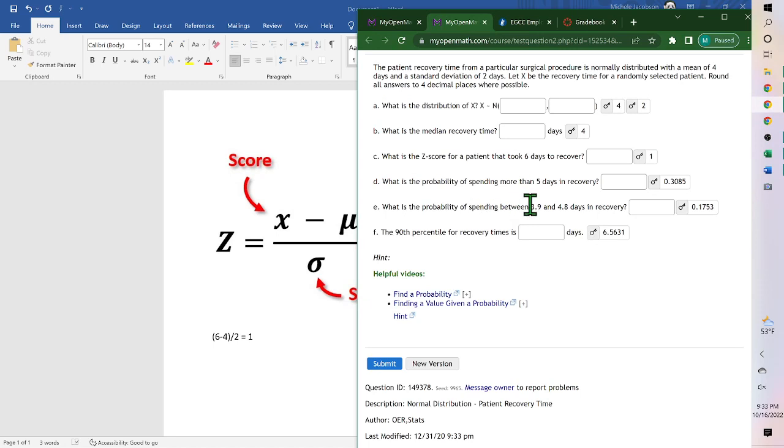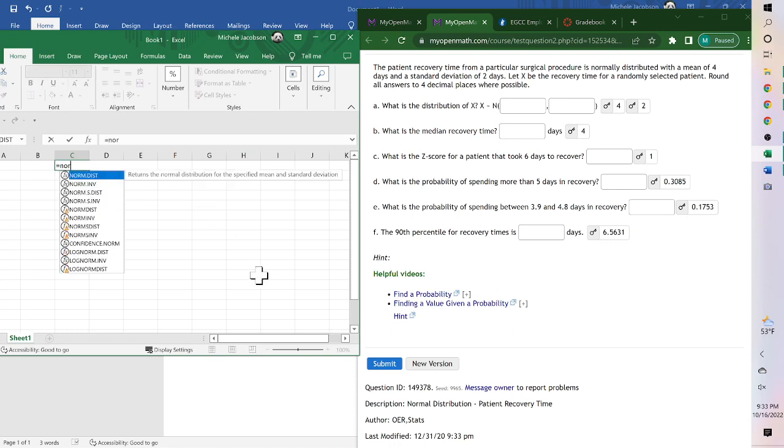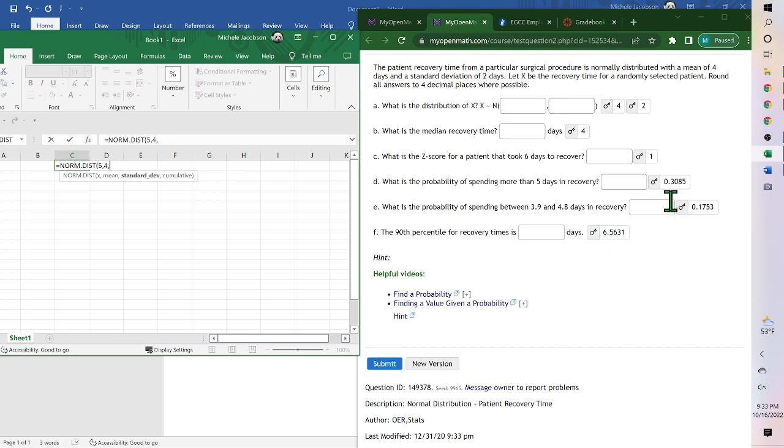What is the probability of spending more than 5 days in the recovery? Okay, so that would be using a normal distribution, and on Excel you just go equals norm and use the first one because it gives you the probability. But what it's going to give you is the probability below, and this says more than. So first we'll find it. We'll put 5, your x value, then the mean and the standard deviation, so 4 comma 2.